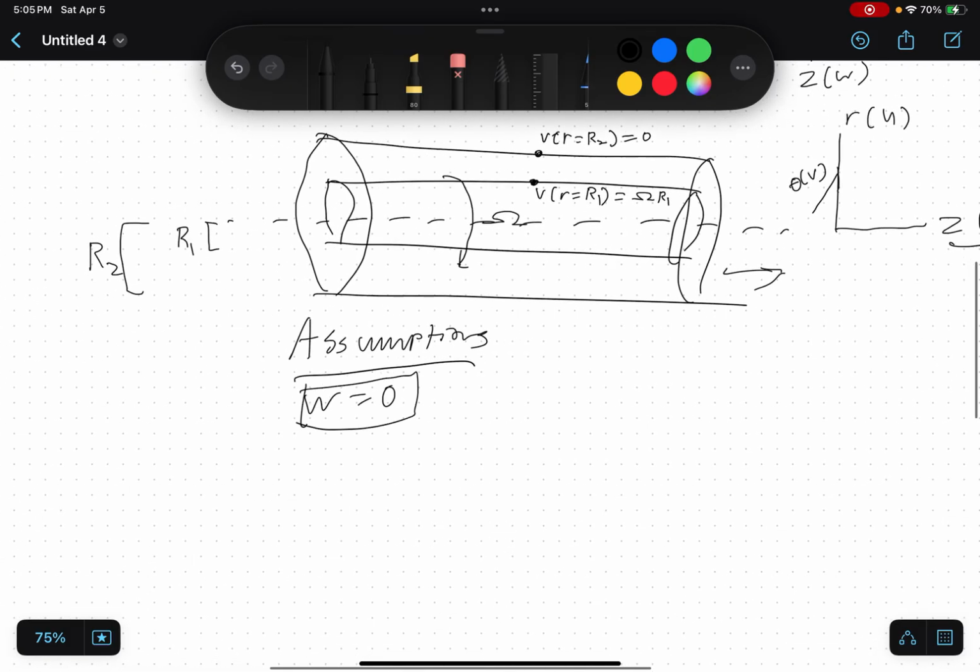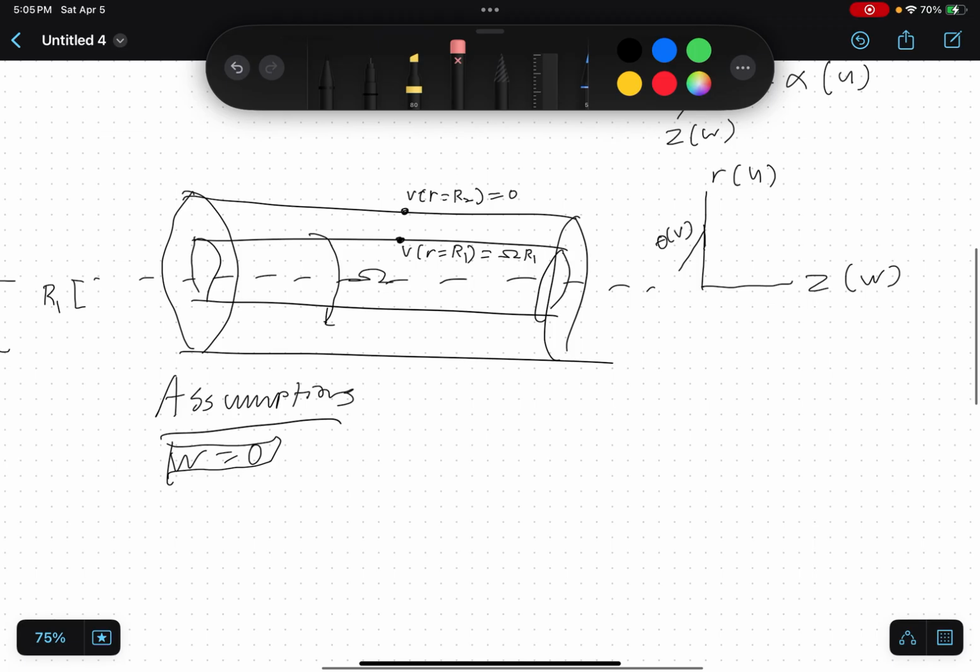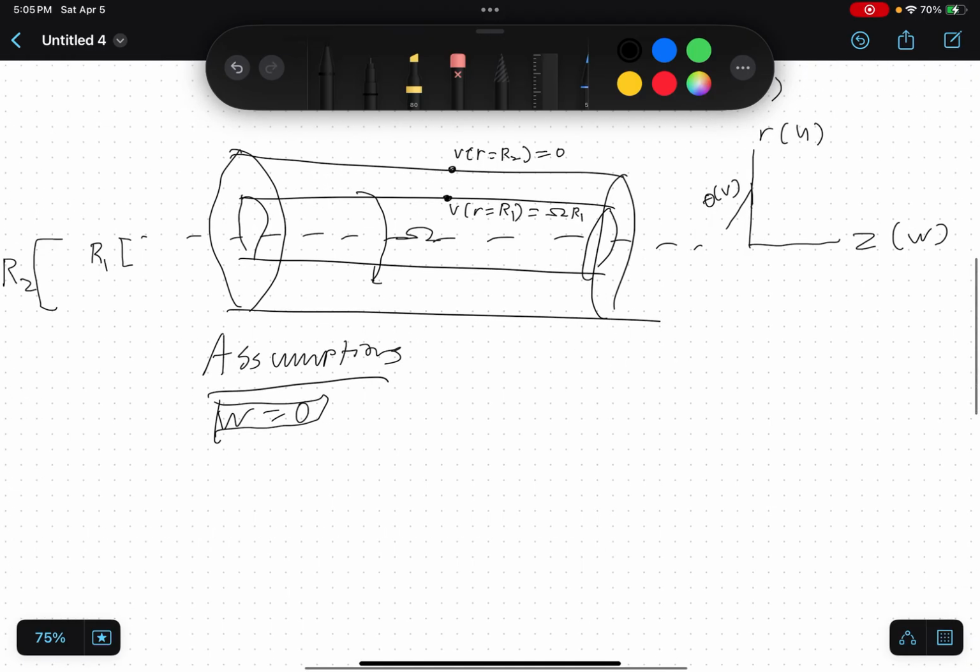It was stated in the problem statement, which makes sense in this problem because it shouldn't be going that way. It should just be rotating. It was also stated that dp/dz equals 0.